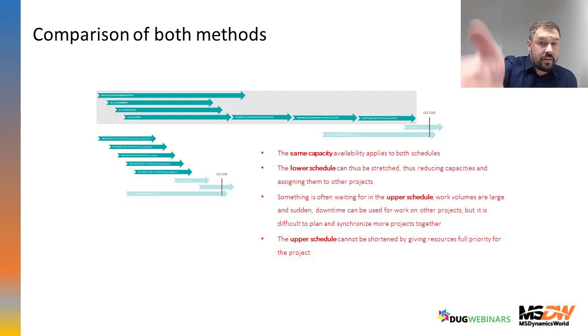Even with the same capacities, on the upper I will make sudden large volumes of work on special types of our employees, so developers, consultants, then on the customer and his users and so on. But the second one I can stretch. Of course, I will stretch this project. I will make it longer.